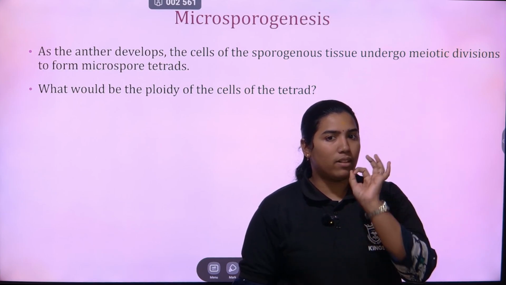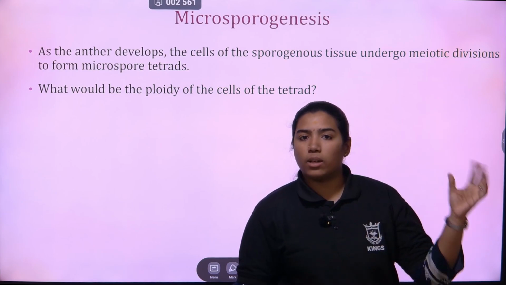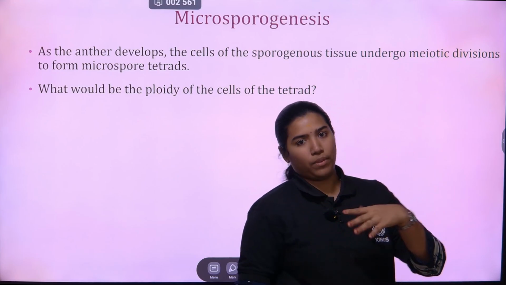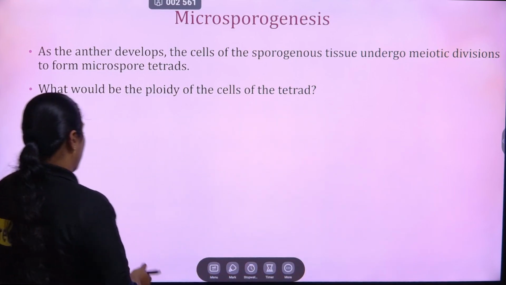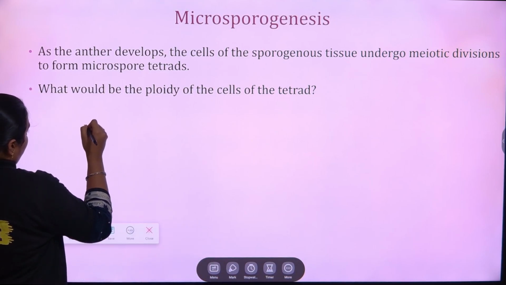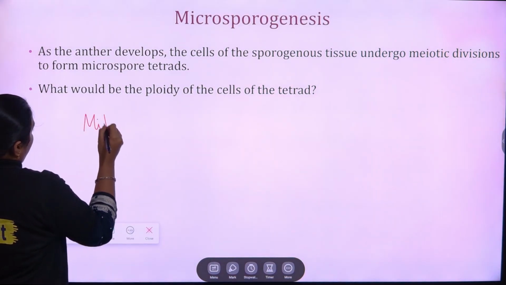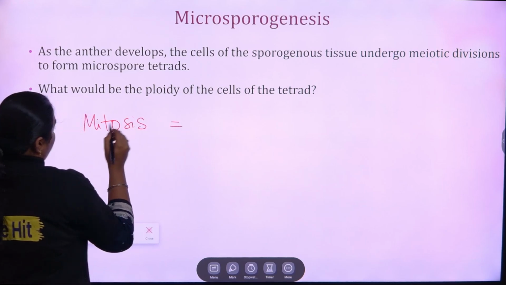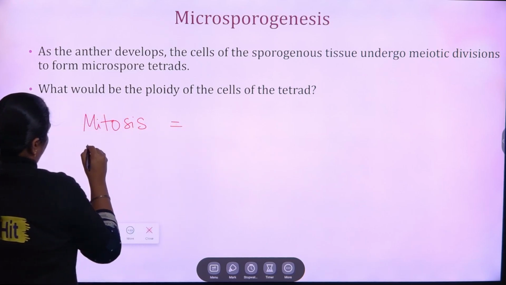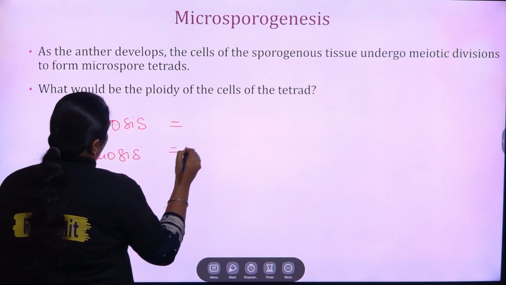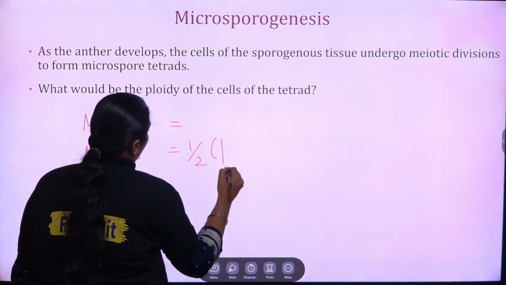Remember, whenever meiosis is involved, ploidy becomes half. Whenever mitosis is involved, ploidy stays the same. You can also remember it this way. When I say mitosis, just say equal. When I say meiosis, the ploidy becomes half.